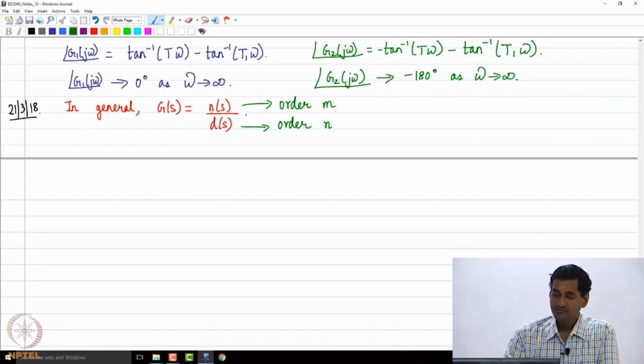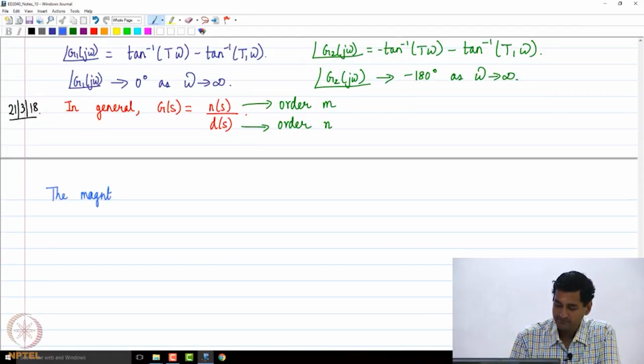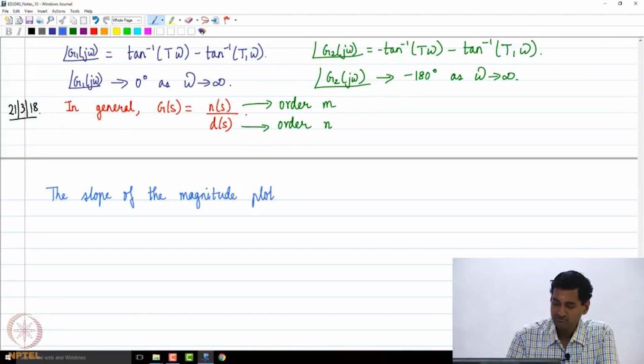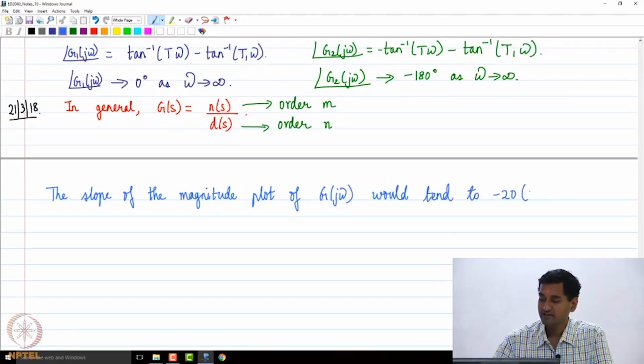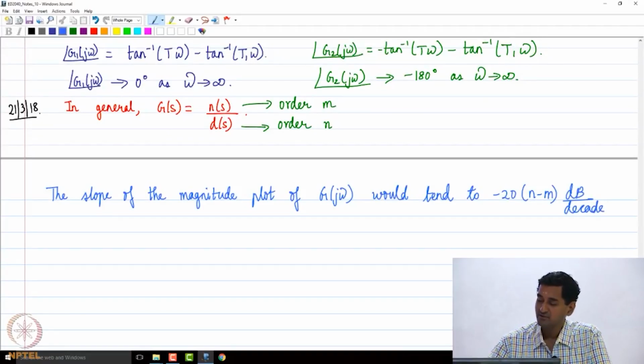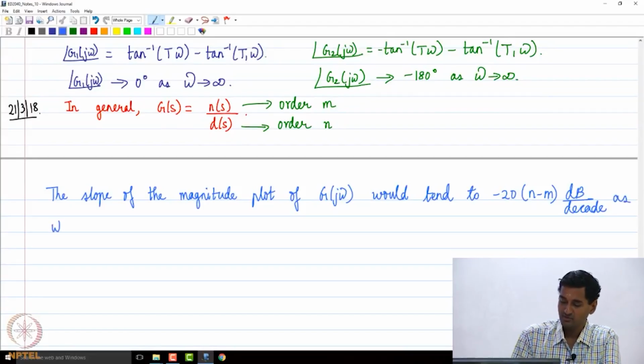If we look at this transfer function, the magnitude, or to be more accurate, the slope of the magnitude plot of G(j omega) would tend to minus 20 times (n minus m) decibels per decade as omega tends to infinity.